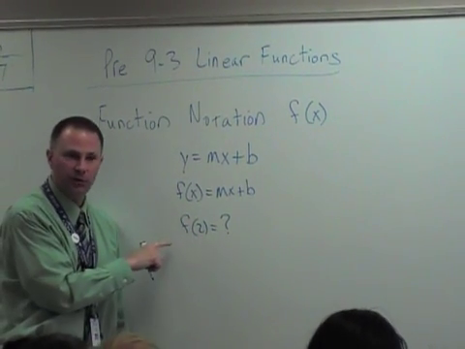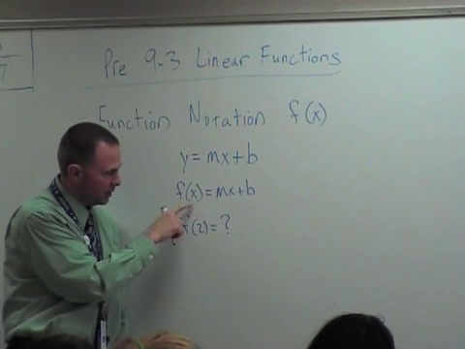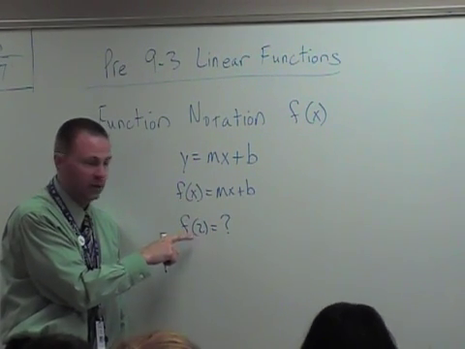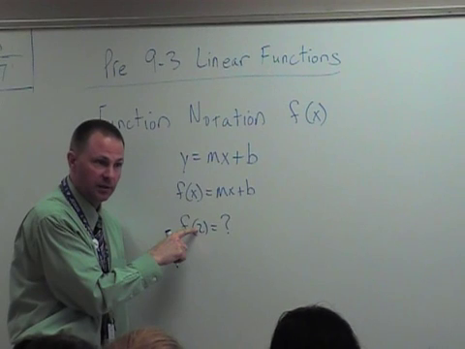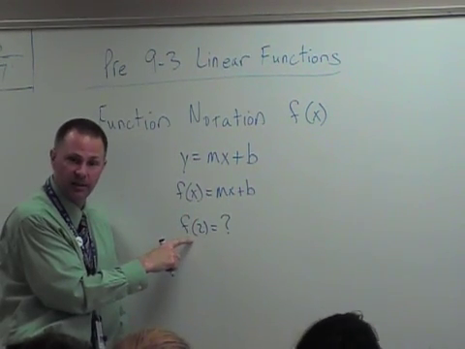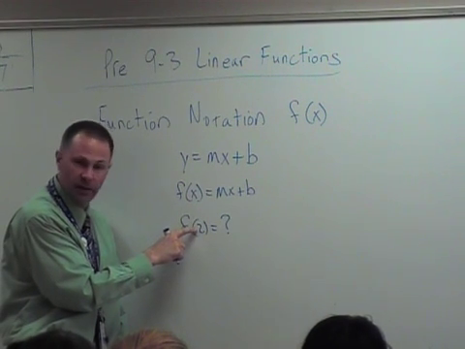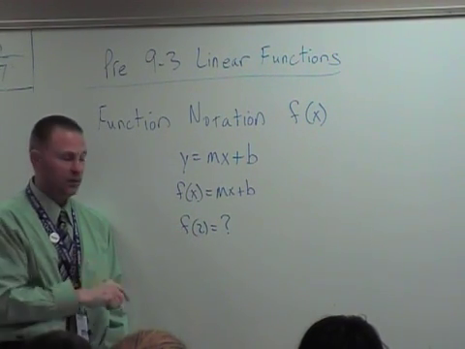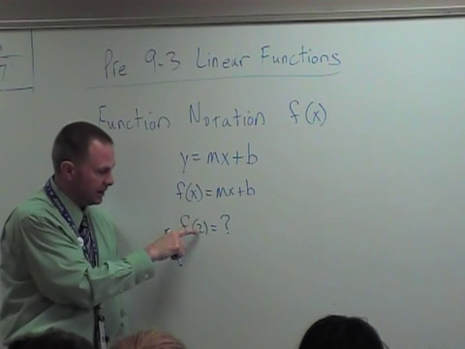They're not putting 2 in for y, they plug 2 in for x. Meaning, what do you get when you plug 2 in for x? You would substitute it in there. So when you see something like this, that means substitute that number for the x value.